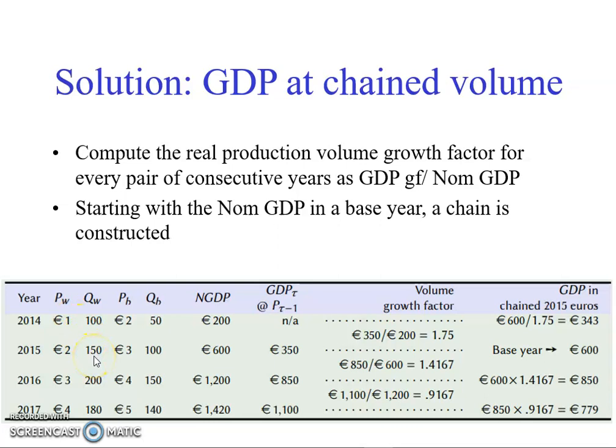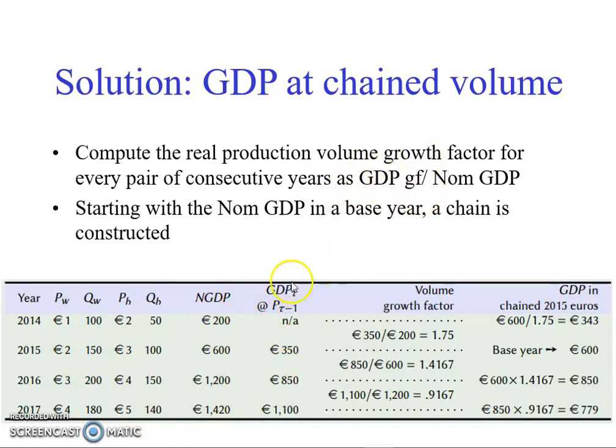So 150 times 1, which is 150, plus 100 times 2, which is 200. 200 plus 150 is 350, right? And for the rest, we do the same: 150 times 3 plus 200 times 2, etc. We get those results.